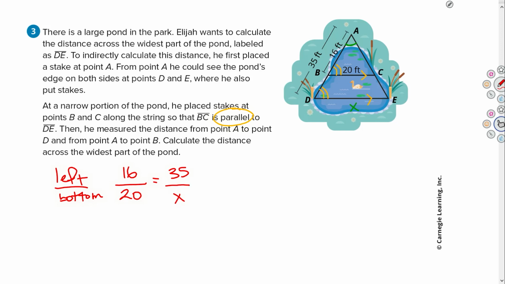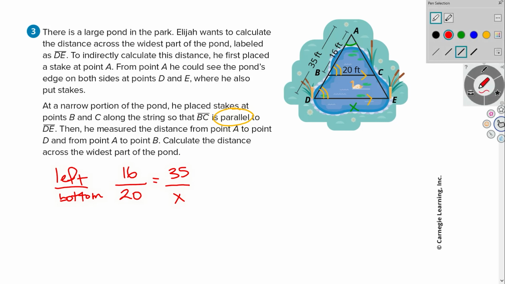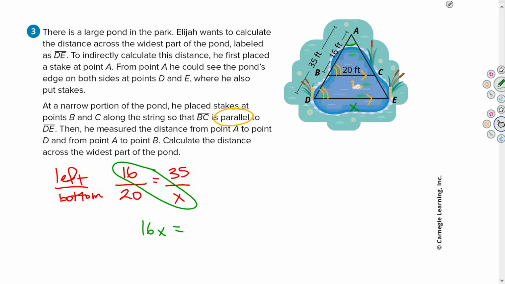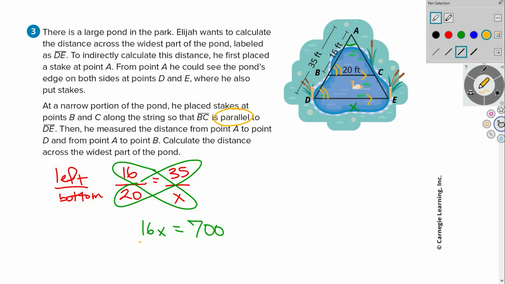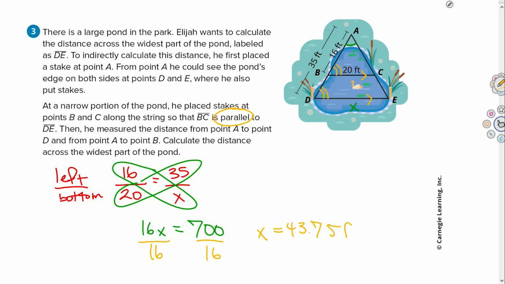Left to bottom ratio. If I cross multiply, 16 times x is 16x, and 20 times 35 is 700. Then you can divide both sides by 16, and you find that x is 43.75 feet.